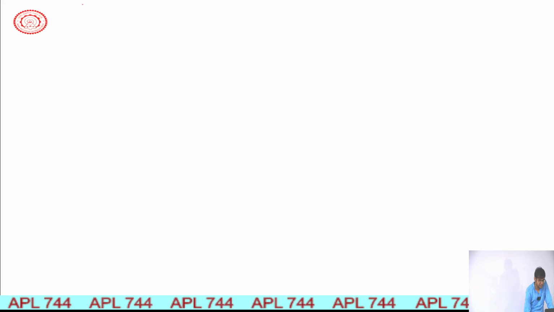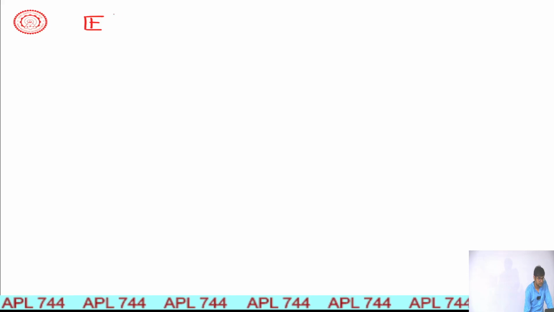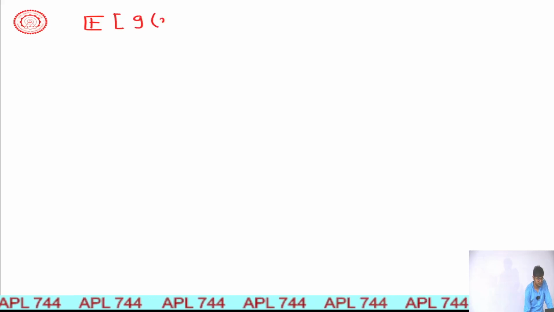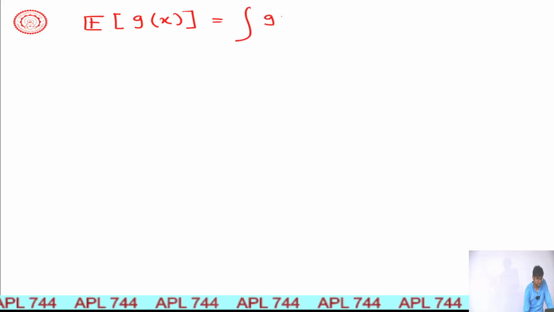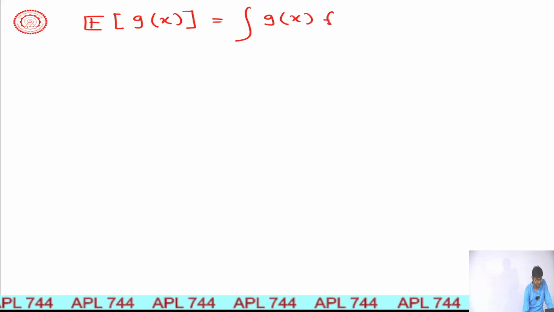So we have already written in the generalized form that the expectation of g(x) is equal to the integration of g(x) f(x) dx, the same equation I am writing, nothing new.